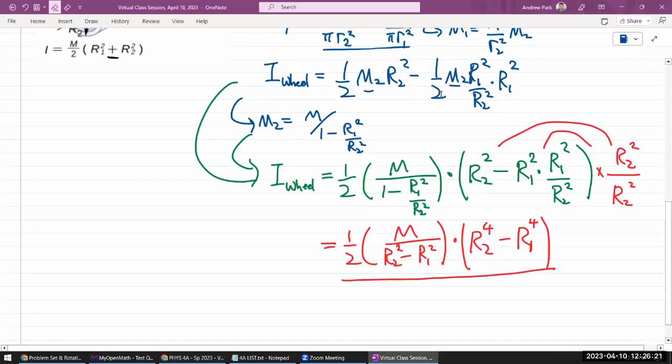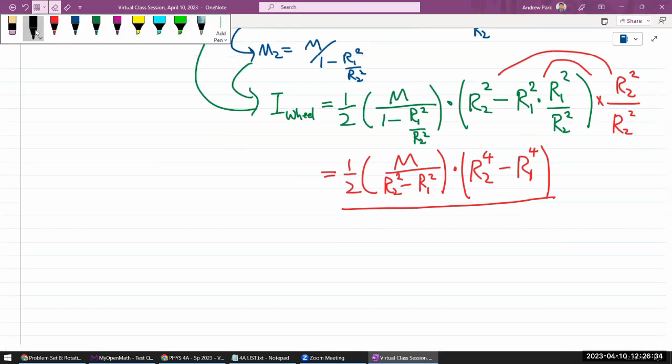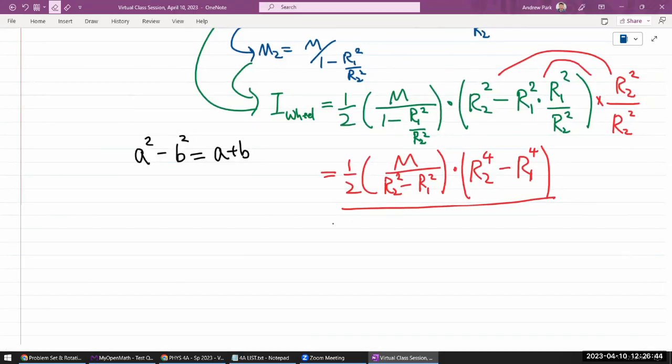But one thing I would recommend that you get into the practice of doing is the kind of algebra that I'm going to show. This actually simplifies, and it relies on you recognizing a particular factoring form: if you have a squared minus b squared, it factors into a plus b times a minus b.